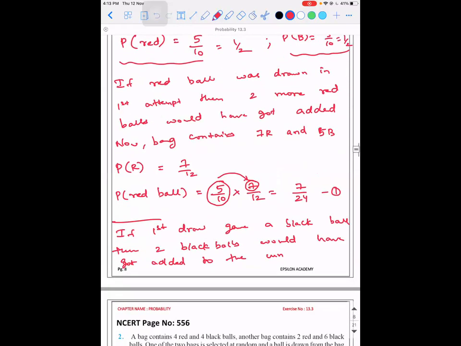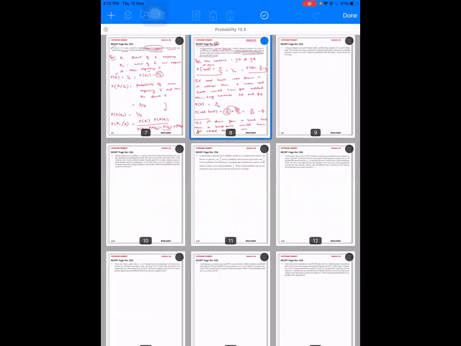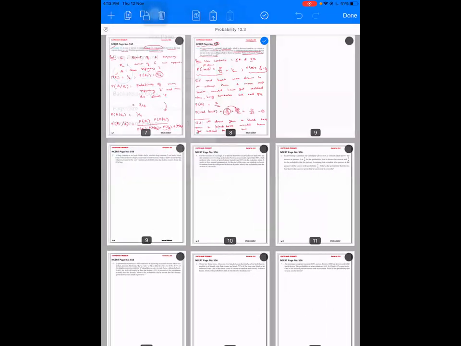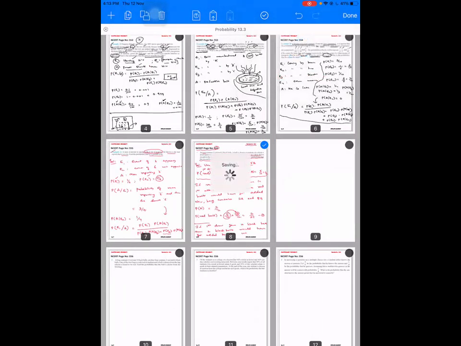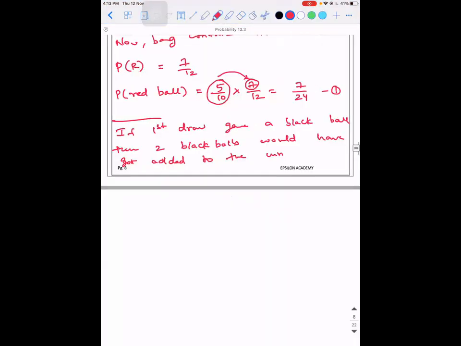Now how many balls will be there, guys? Now the number of balls will be 5 red and 7 black. So what is the probability of getting red in the second draw? It is 5 out of 12.